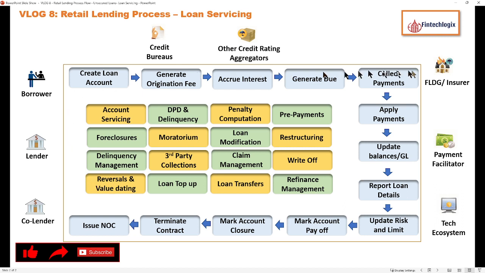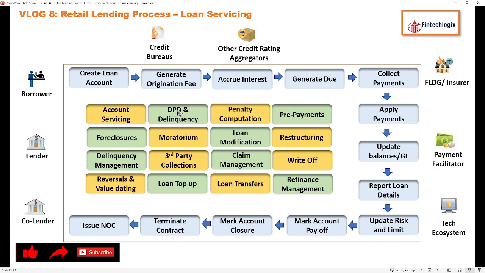Now, apart from this, we might need additional processes on a case-to-case basis. Account servicing: for example, the borrower would need a loan statement, which would be part of account servicing. DPD and delinquency: DPD is days past due, the number of days that the customer has become overdue and not paid.